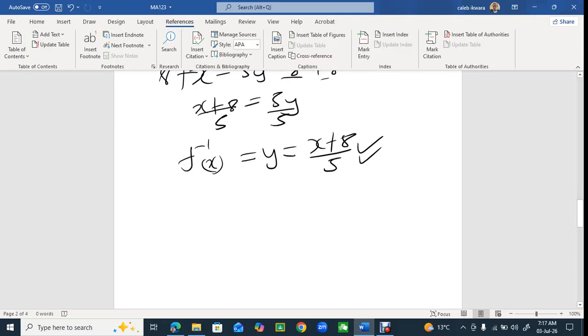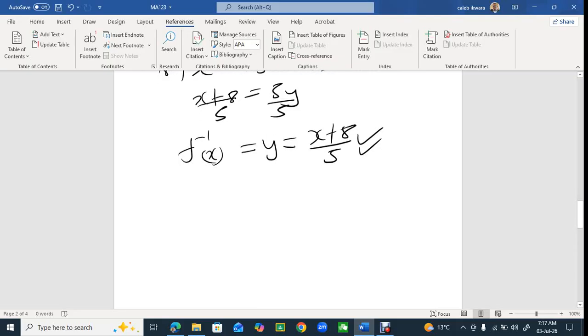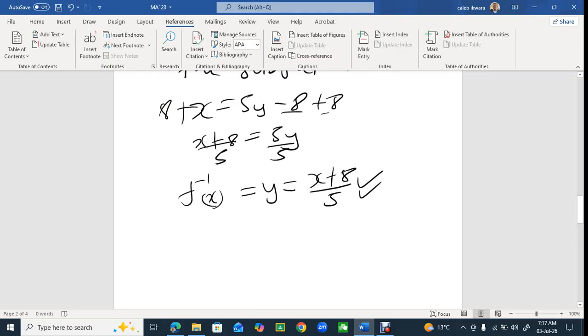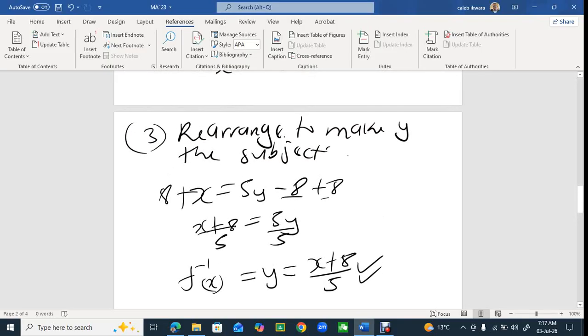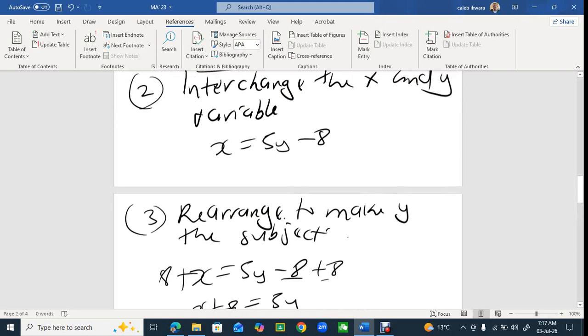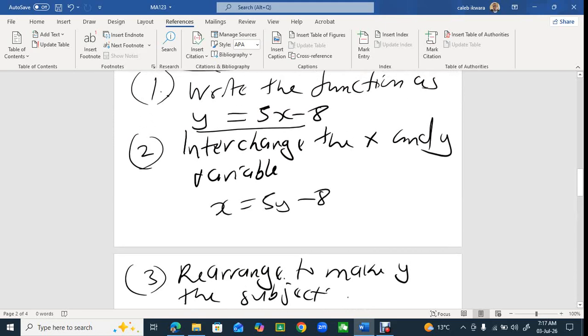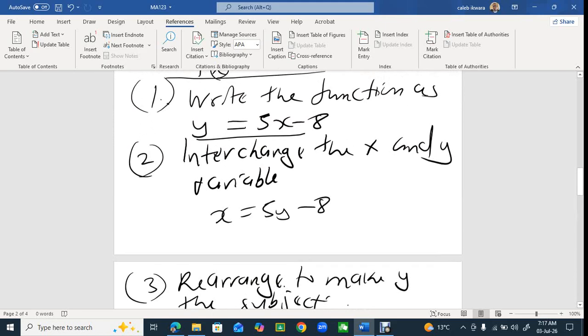Who has any question? The second step is very important, where we interchange x and y, because when you don't interchange, it means we have done nothing.